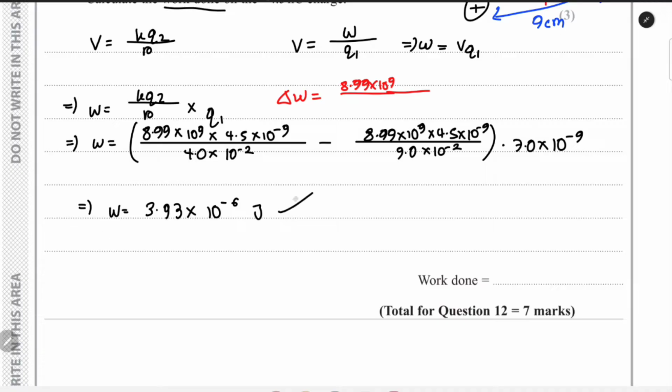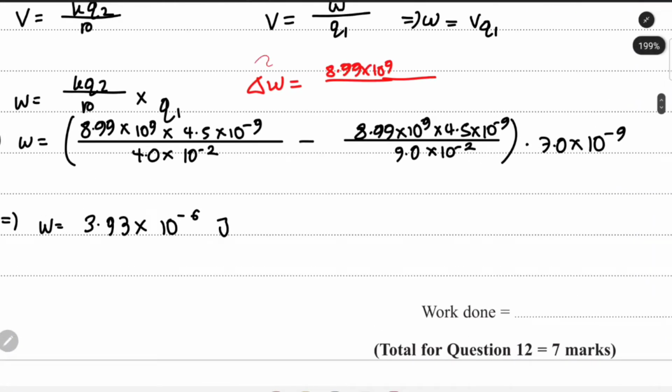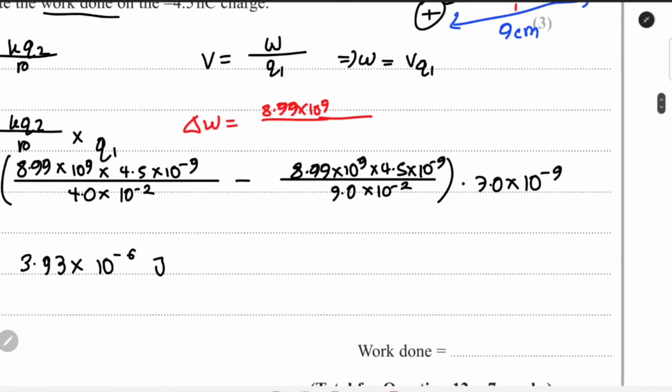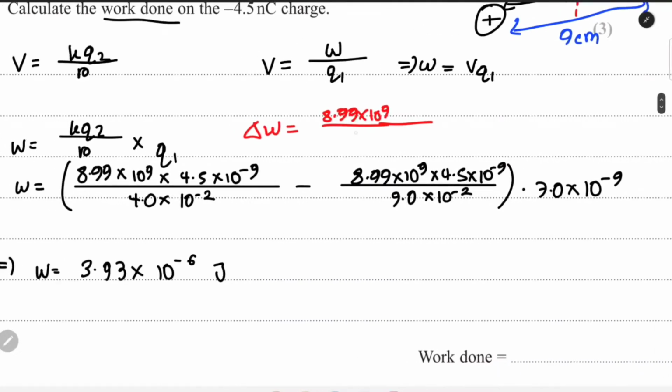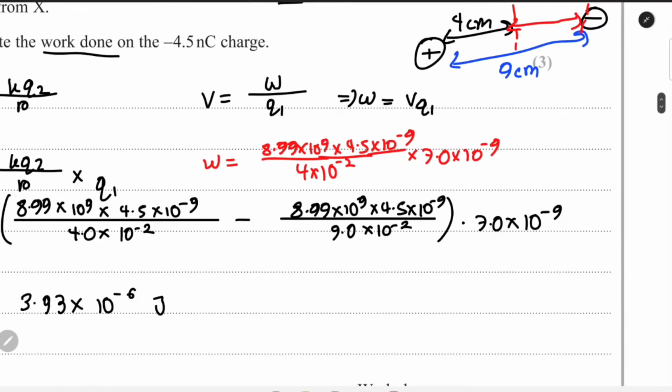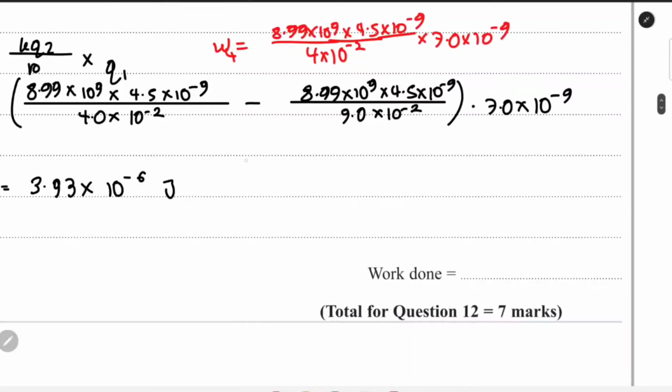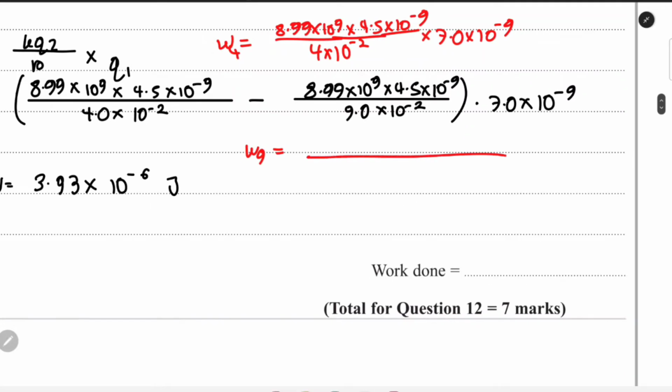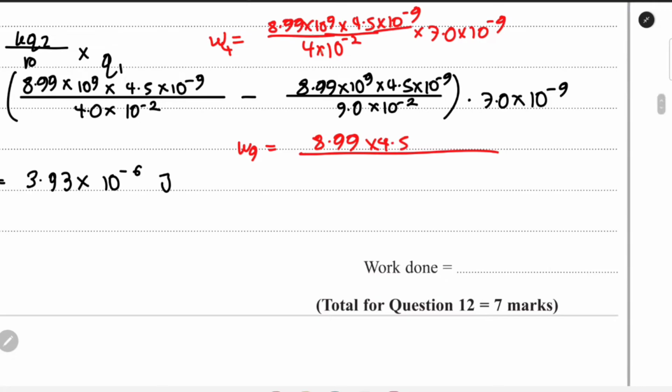This value is right. Now if I look over here in the red, we basically had that difference when it was 4 centimeters away. So this was when it was 4 centimeters away. So the work at 4 and the work at 9 was the same expression, just taking the denominator as 9 into 10 to the power minus 2.